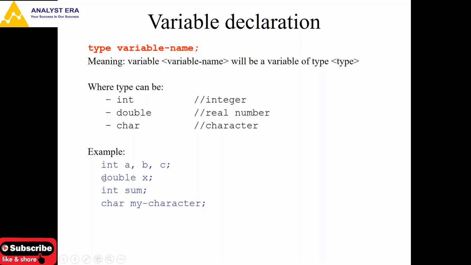Same in case of double. If you have to write your percentage, like 80.20, a decimal number, then it should be of type double. And suppose you have to store your grade A, B, C, you will declare it as a character. These are the basic data types.